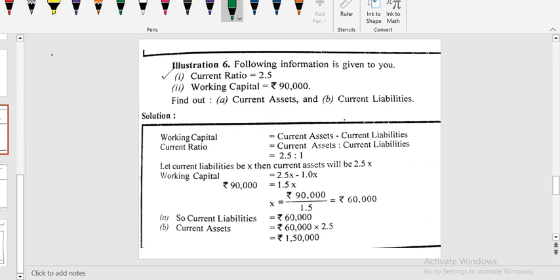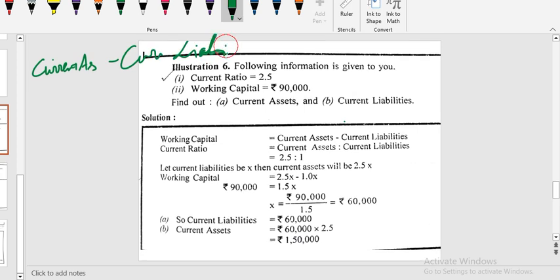Working capital is equal to current assets minus current liabilities. This is the formula for working capital.